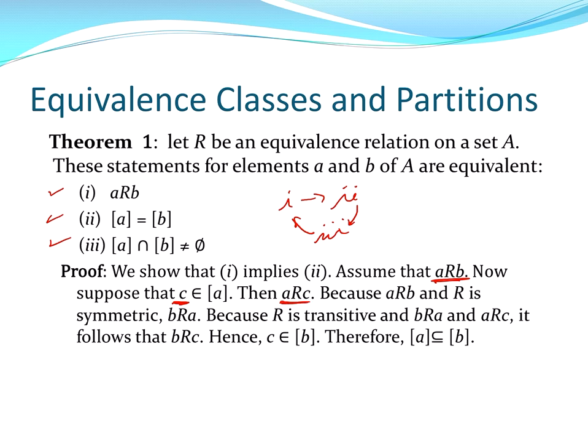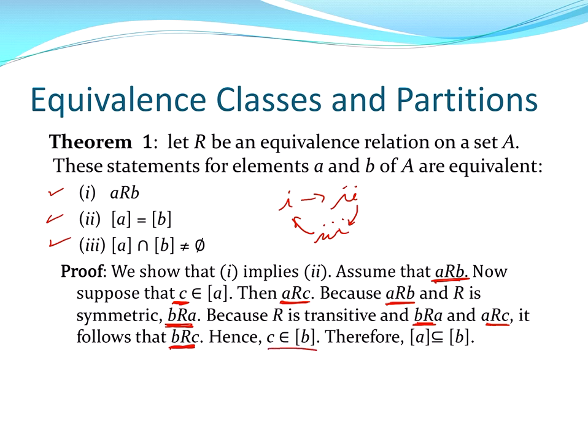We know that a is related to c because they're in the same equivalence class. And we were given that a is related to b. And since R is symmetric, b is related to a. And now by transitivity, I have b related to a and a related to c. Transitivity gives me b is related to c.